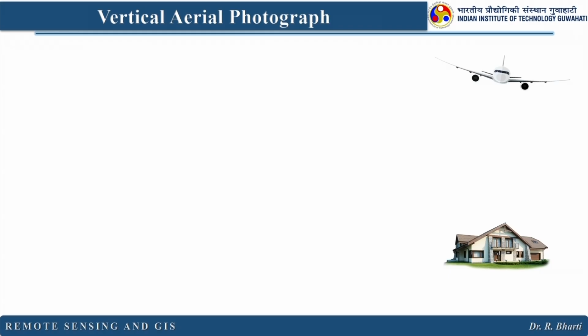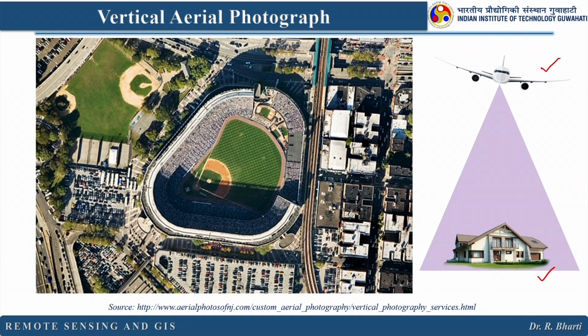Let us see one by one how these vertical photographs or nadir looking photographs give you the output. So assuming this is my target and this is my aircraft, through which I am going to capture this house. So let us assume this is the nadir looking image. In the nadir looking image you will see the rooftop of the objects, or the buildings which are in the center of the image, whereas as you go away from the center you can see some of the sides of the objects, right.